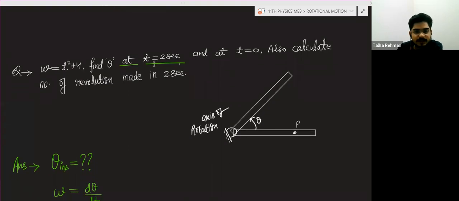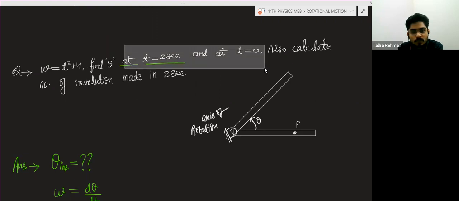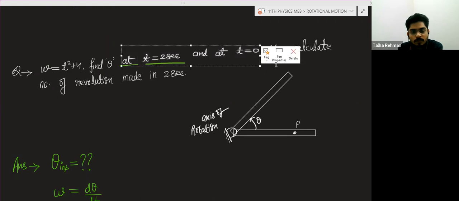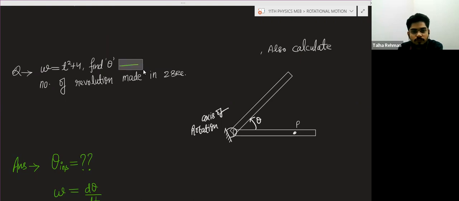If they are asking at t equal to 2 seconds, then omega is given. We have to change the question.